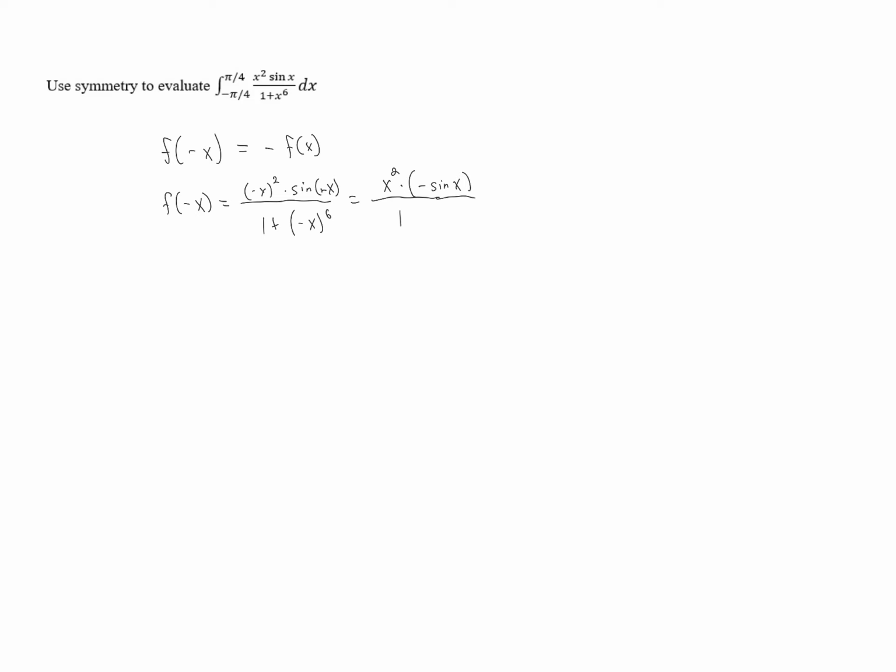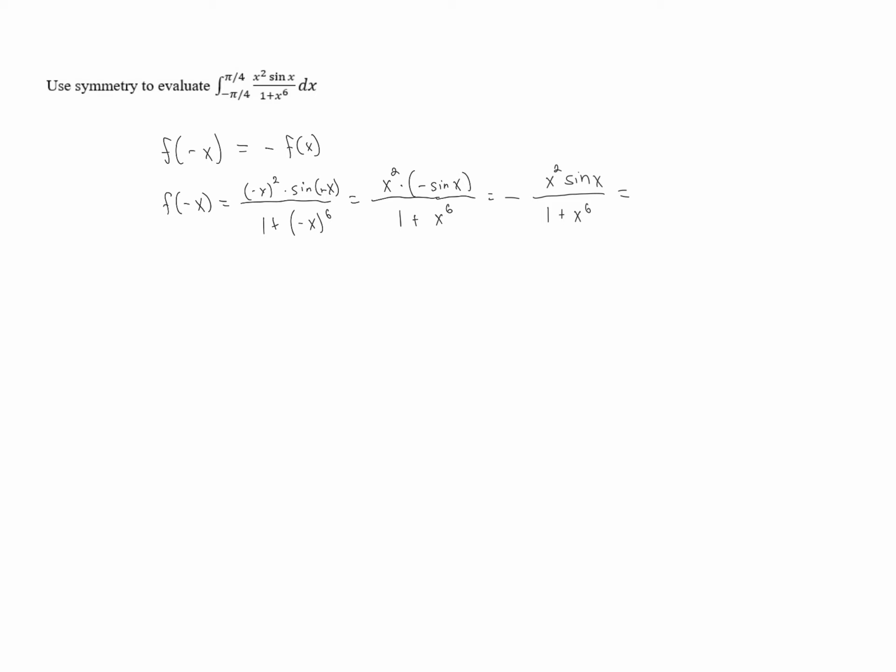In the denominator, this is going to become 1 plus x to the sixth, because that negative to a sixth power becomes positive. And then we can pull this negative out front in the sine of x and write this as the opposite of x squared sine of x over 1 plus x to the sixth.